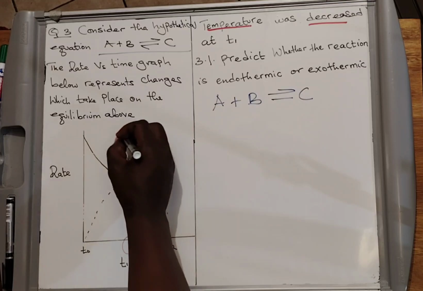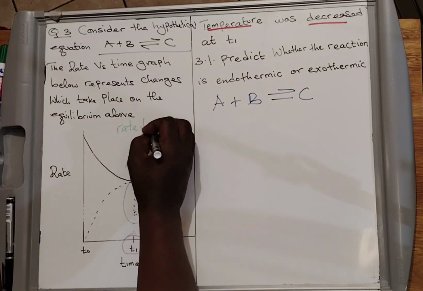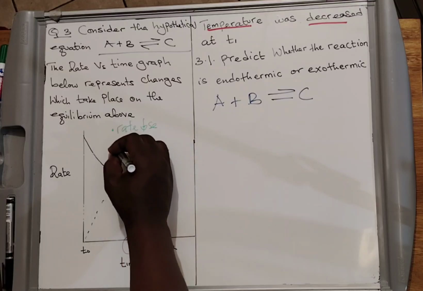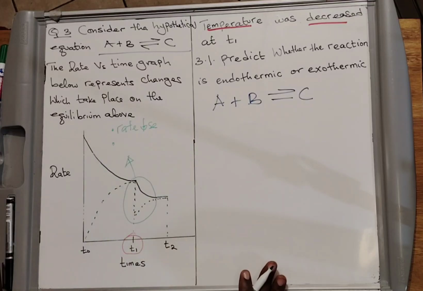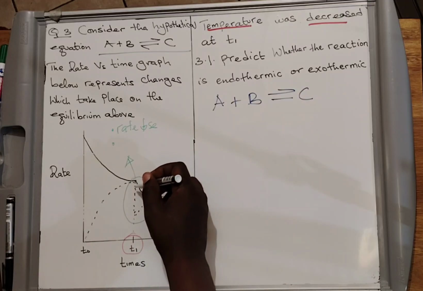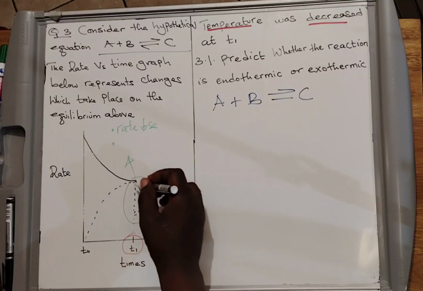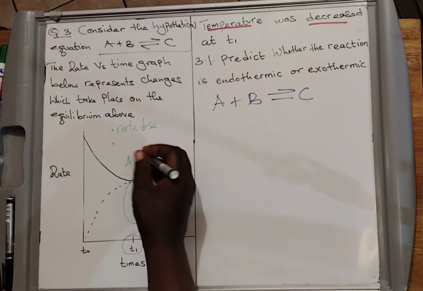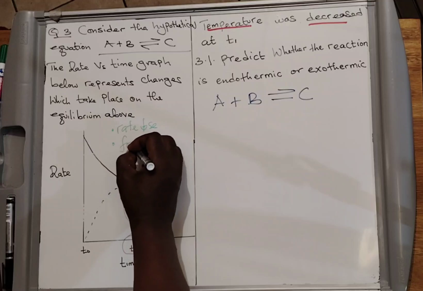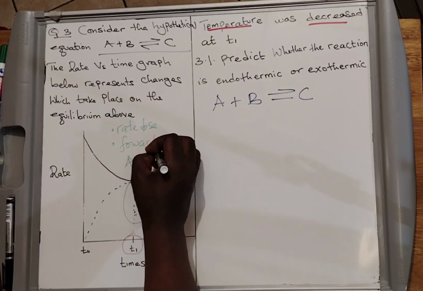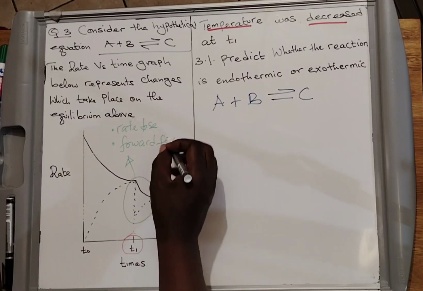One, rate is decreasing. Two, remember, look at here. The solid one represents the forward direction. So forward is favored.